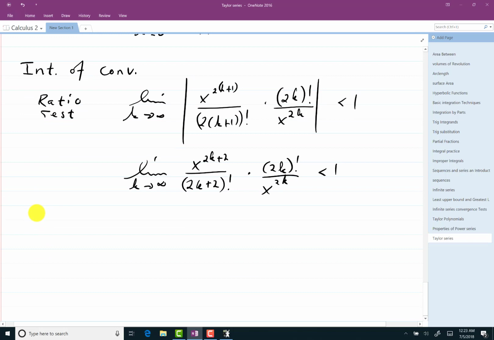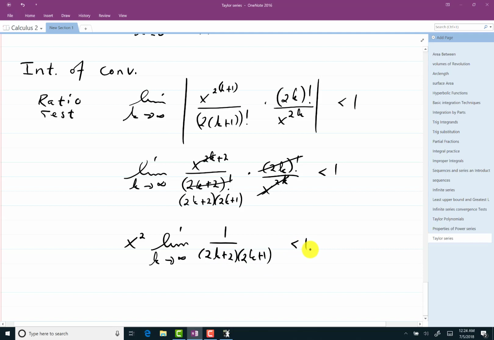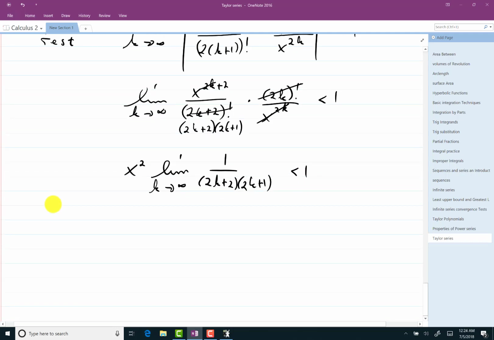I can take out x to the 2k and leave just x squared, and then the 2k factorial and the 2k plus 2 factorial, I can cancel these things, and what I'll be left with down there is 2k plus 2 times 2k plus 1. And then I can take the x squared out front, and we've pretty much done this when I was doing the series for sine.